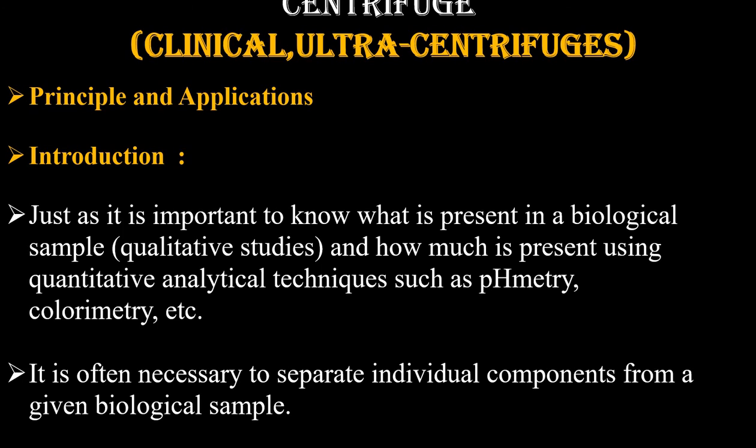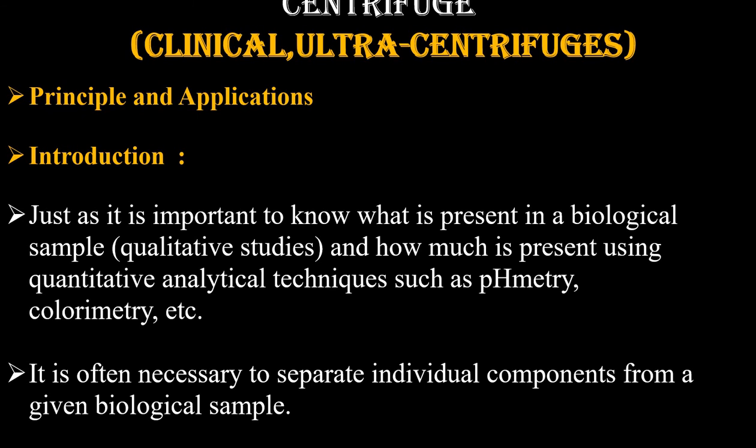Introduction. It is important to know what is present in a biological sample, that is, qualitative studies, and how much is present, that is, quantitative analytical techniques such as pH metry, colorimetry, etc. That means here the qualitative as well as quantitative estimation is important.